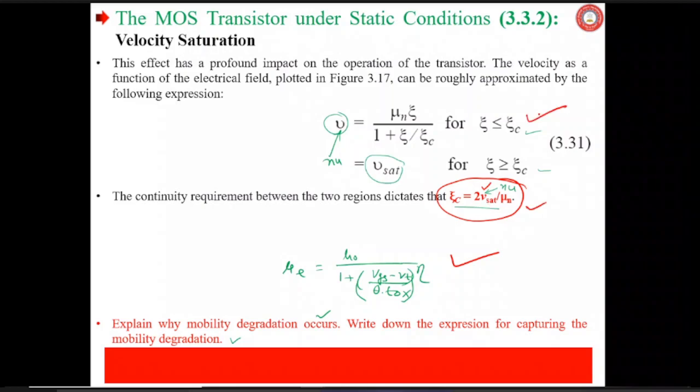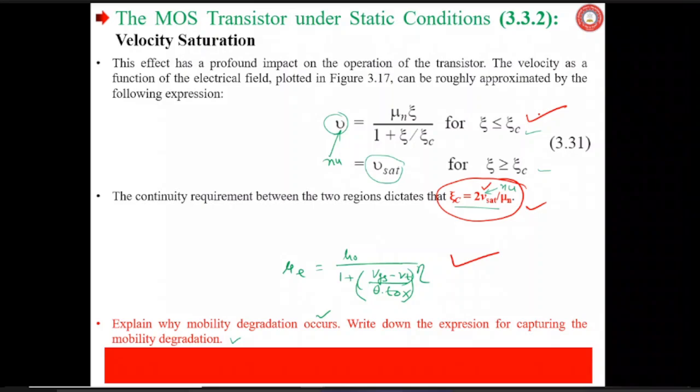Putting the value in, K is the measure of the degree of velocity saturation. K is given by 1 by 1 plus V by EC L. V here is nothing but VDS, the drain to source voltage, and L is the distance between them.